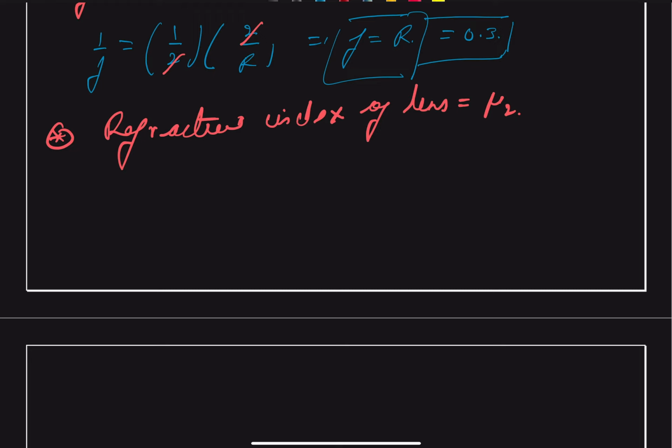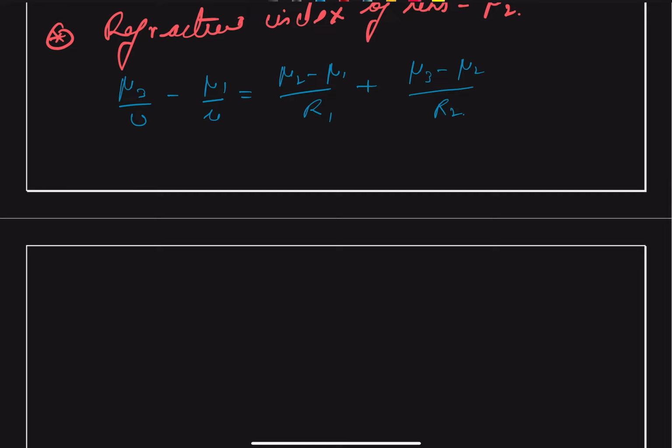So we can write that the formula will be mu3 by V minus mu1 by U is equal to mu2 minus mu1 divided by R1 plus mu3 minus mu2, and this will be divided by R2. And we already know that both R1 and R2 are equal.